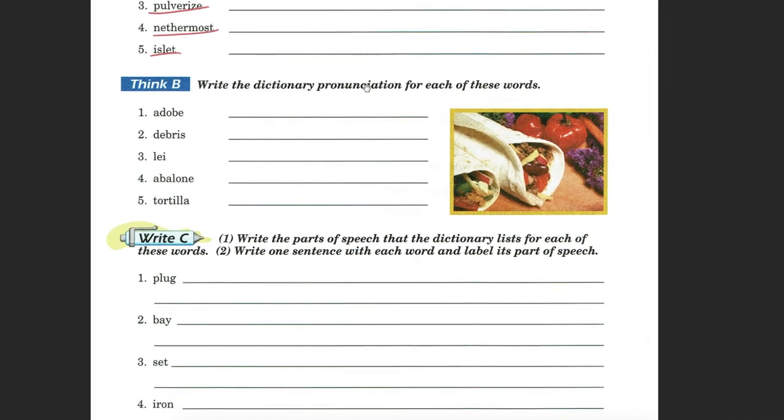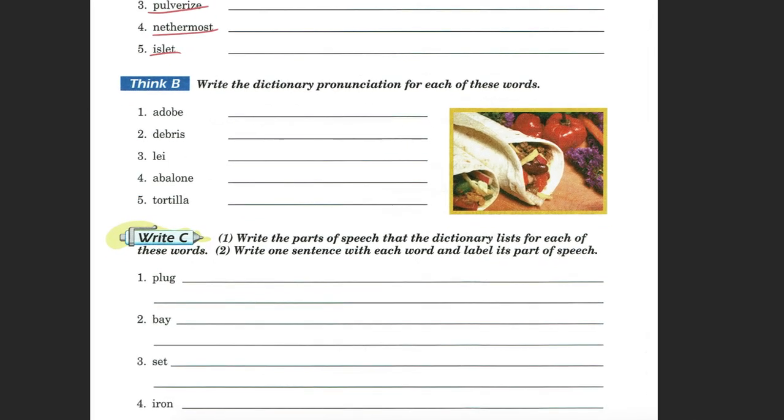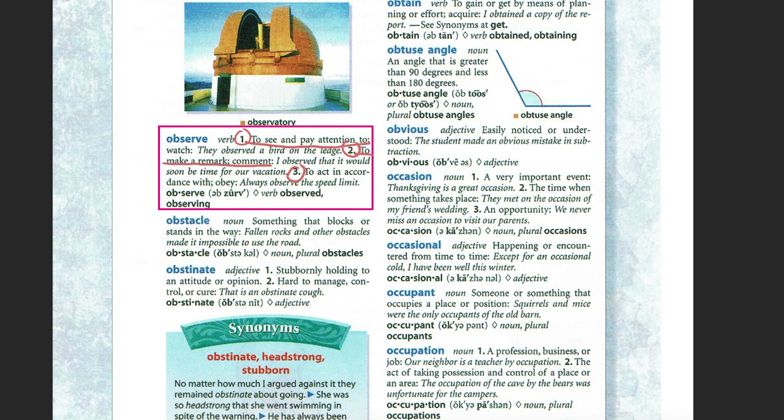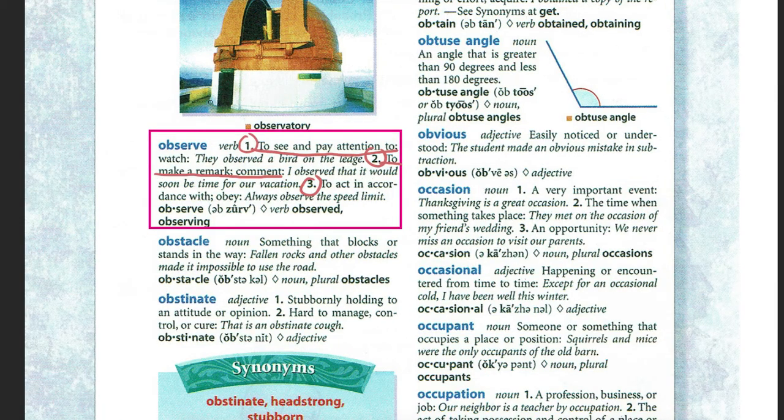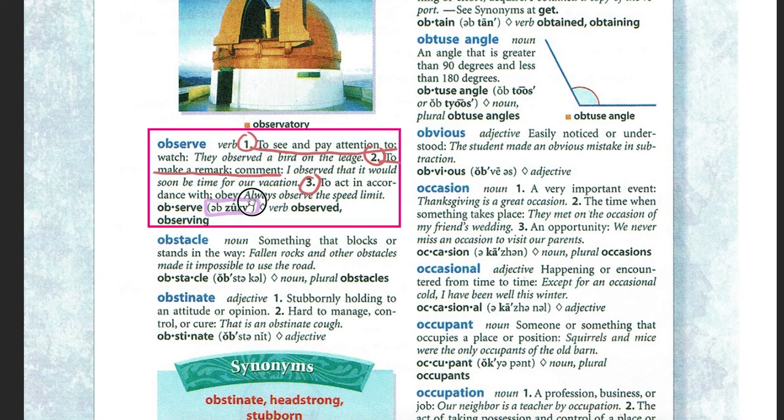Part B says write the dictionary pronunciation for each of these words. The first one is adobe. If you remember, in our dictionary, they tell us how to pronounce the words. If you're using a dictionary at home, you might see something like this. This tells you how to pronounce the word.